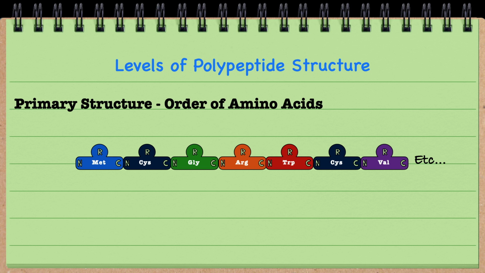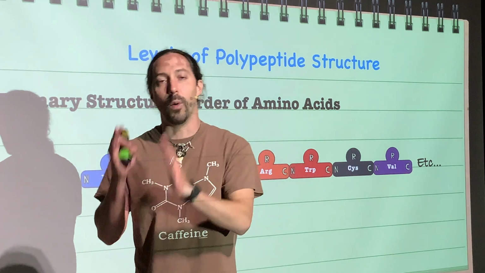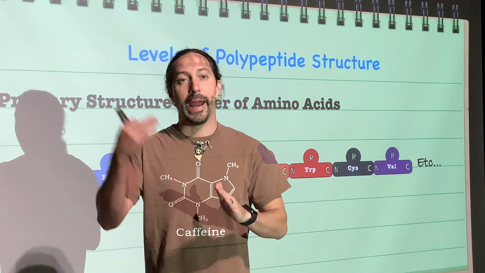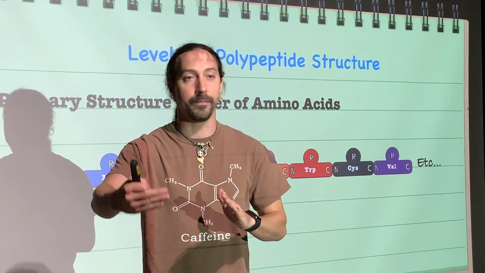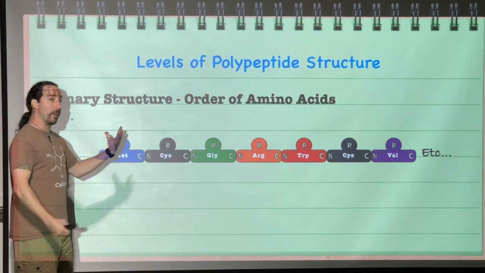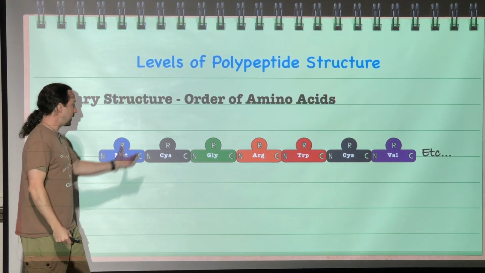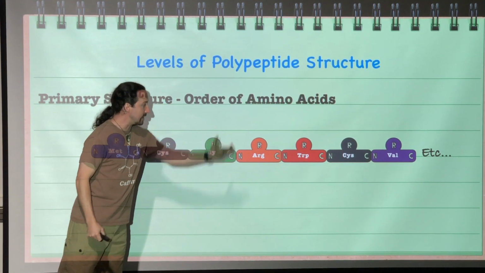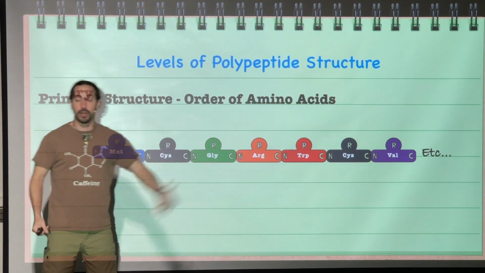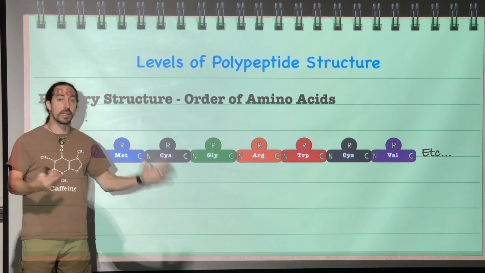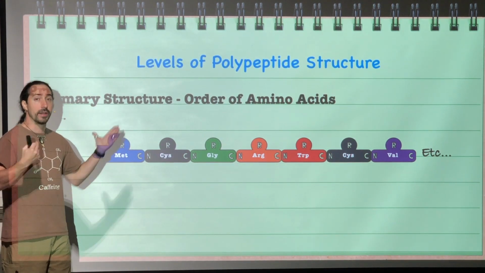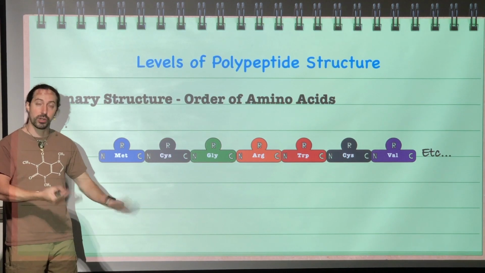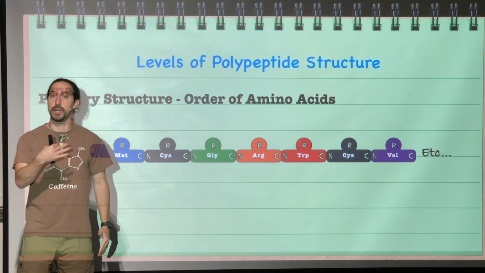It is very simply which amino acids are there and in what order they come in. In this case, our primary structure would be methionine, cysteine, glycine, arginine, tryptophan, cysteine, valine, etc. So in our simple polypeptide chain here, that is the primary structure, the order of those amino acids.